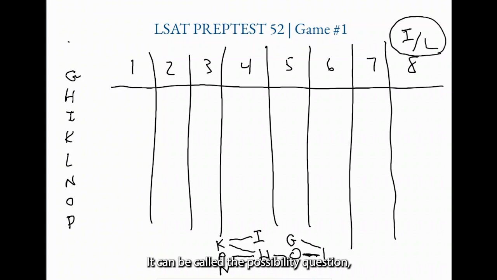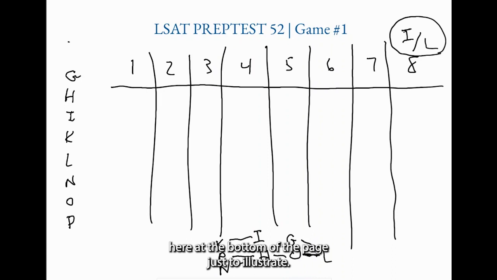It can be called the possibility question. It usually has the word could in it. It's done best by elimination. But the best way to eliminate is not by going through the choices in order, but rather by going through the rules in order. So let's take a look at number 1.